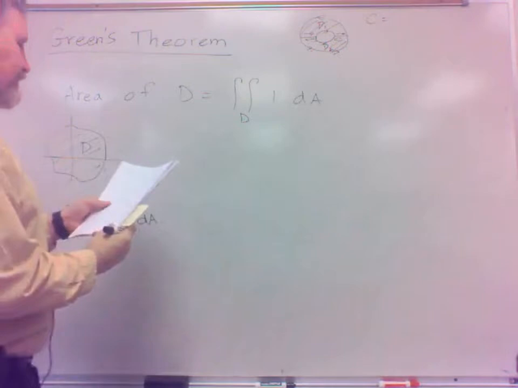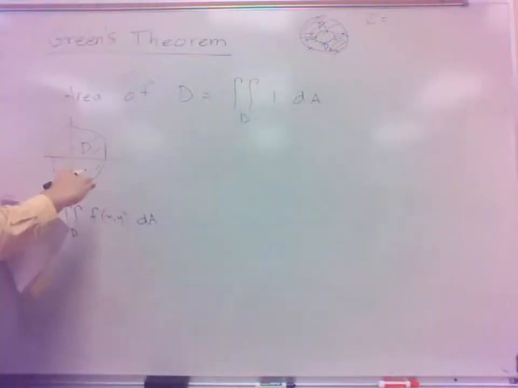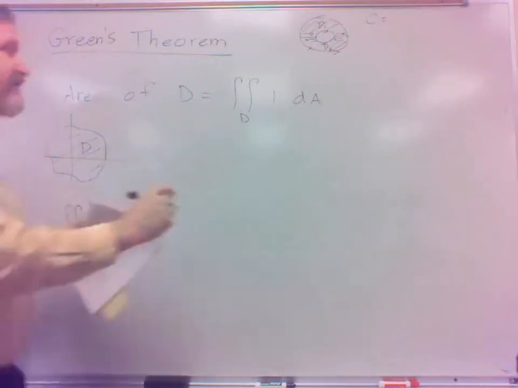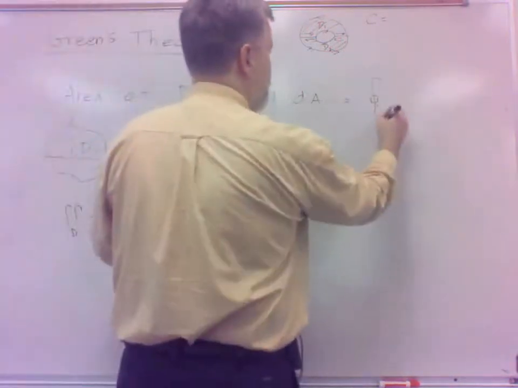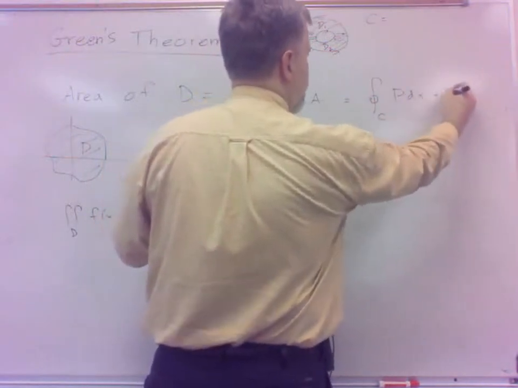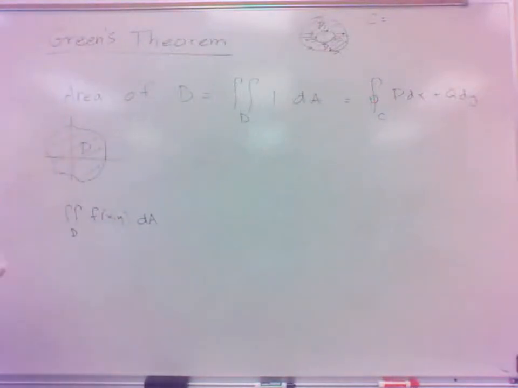Okay. Well, if we're trying to find this closed area like this, we can apply Green's theorem, right? So if we set that equal to our line integral over C of P dx plus Q dy, okay?